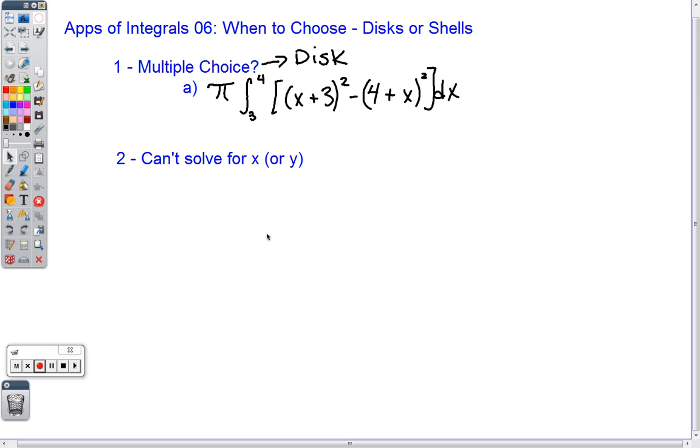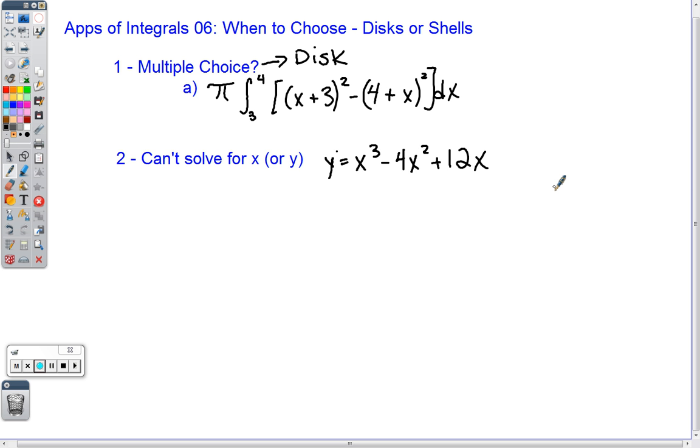For example, y equals x cubed minus 4x squared plus 12x. Make that x equal something. I dare ya.